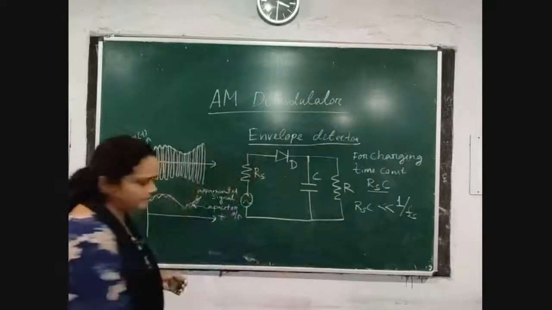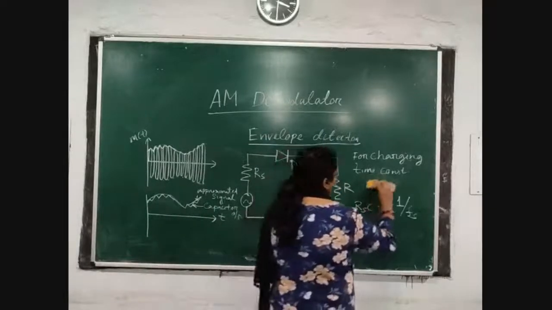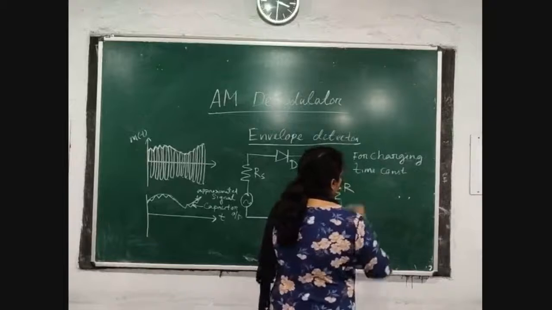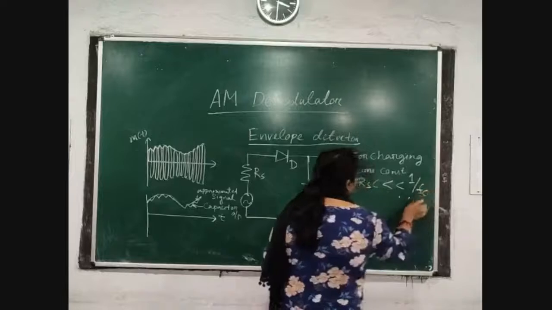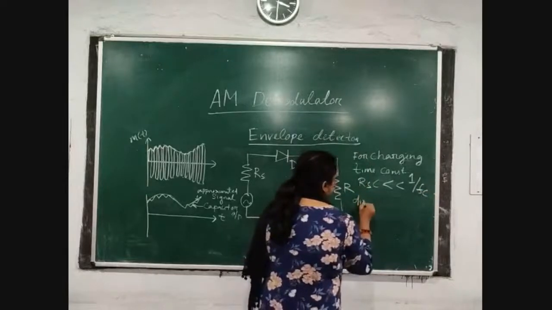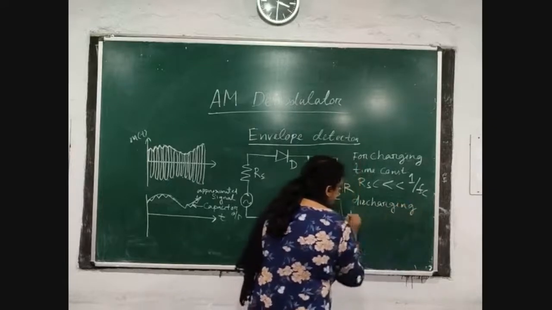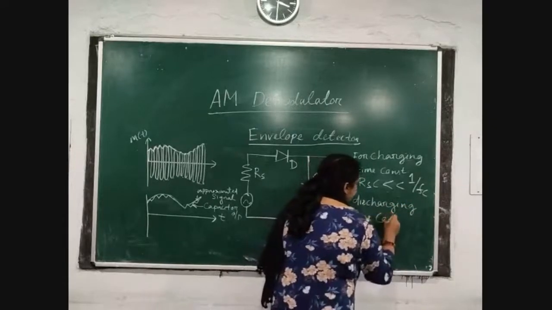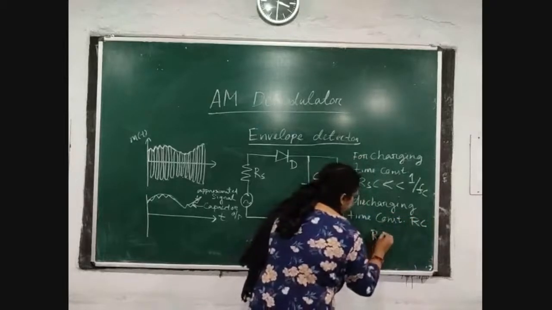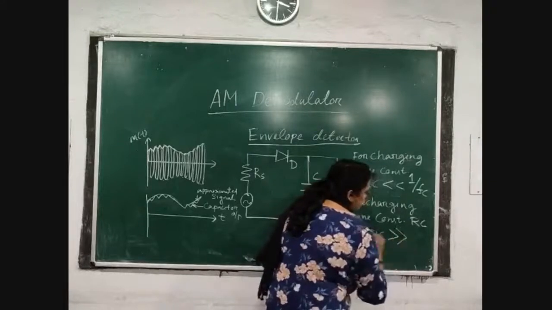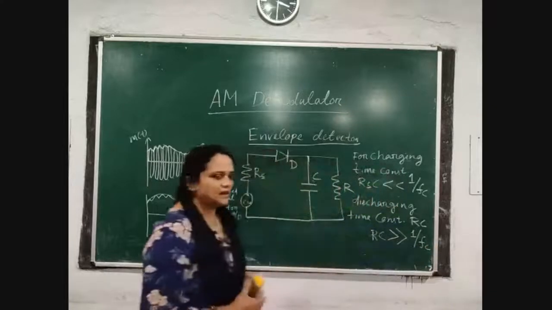Then for the discharging time constant, RC is always set very much greater than the time period of the carrier signal.